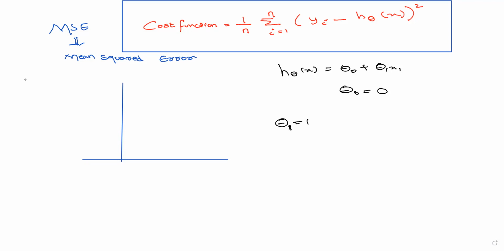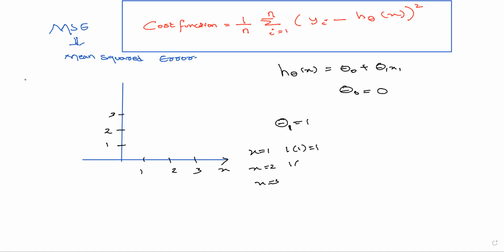Now tell me, whenever x equals 1, x equals 2, x equals 3: this is the x-axis, this is 1, 2, 3, and on the y-axis also 1, 2, 3, right? This is the formula, theta 1 and x1. So 1 multiplied by 1 is equal to 1.